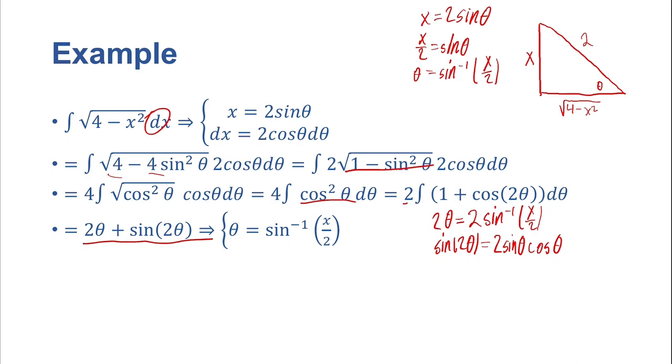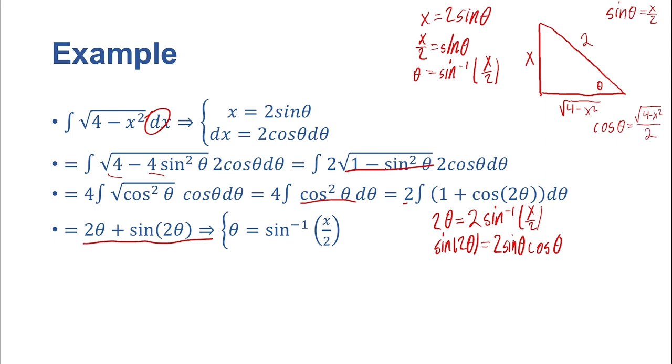So that's equal to x over 2. Now we need to find cosine theta. So cosine theta is the adjacent over the hypotenuse. So that's the square root of 4 minus x squared, over 2.